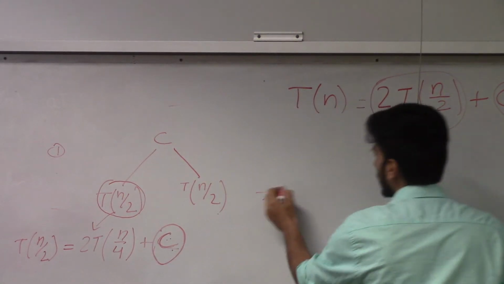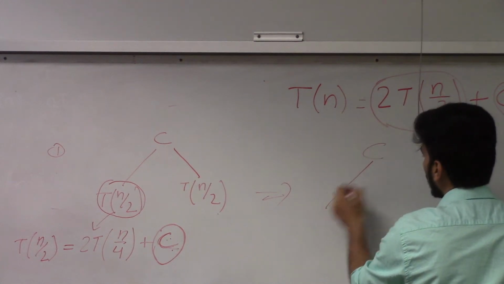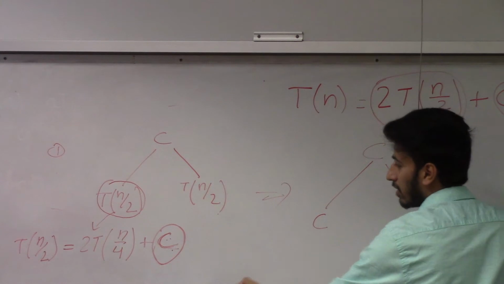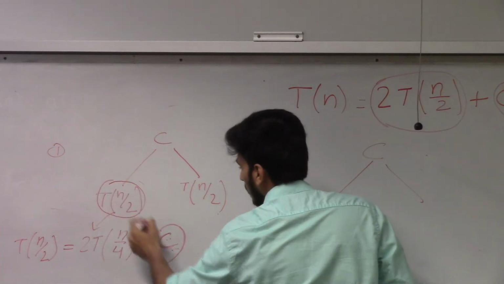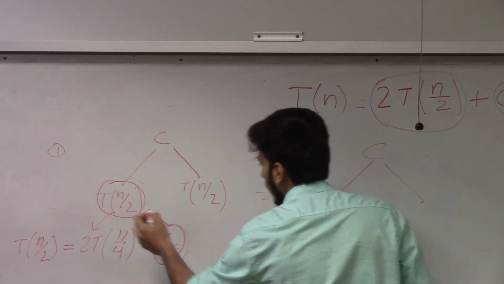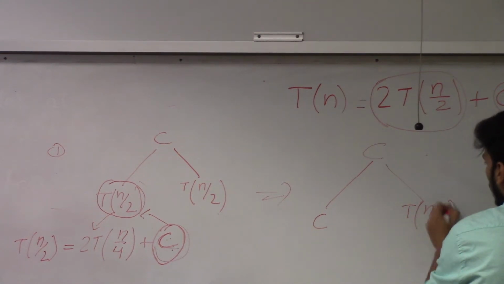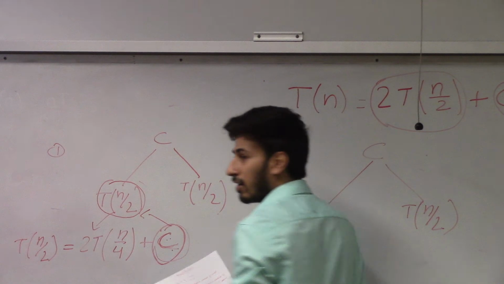So I will write this C equal to C here, because this is the total work done, constant work done. So I will put it here and then T of n by 2.